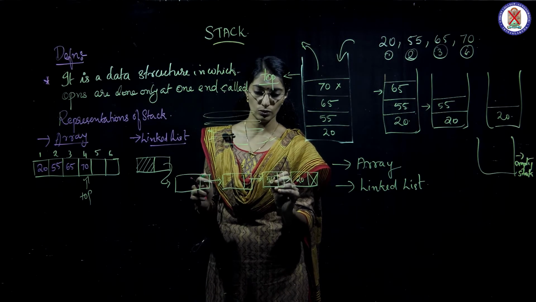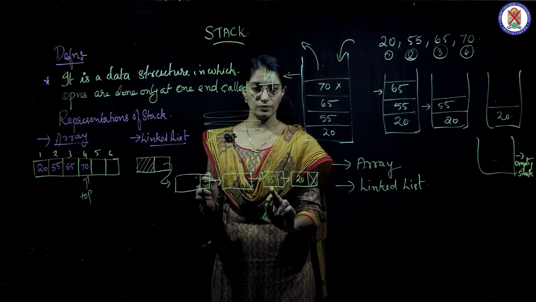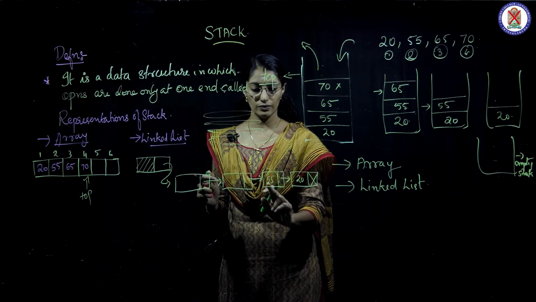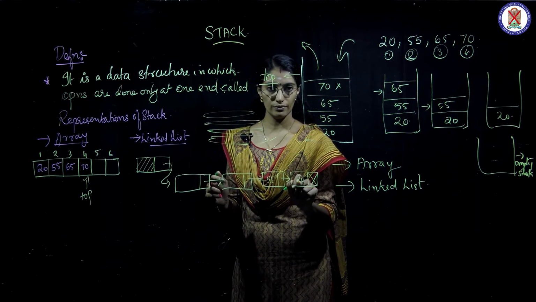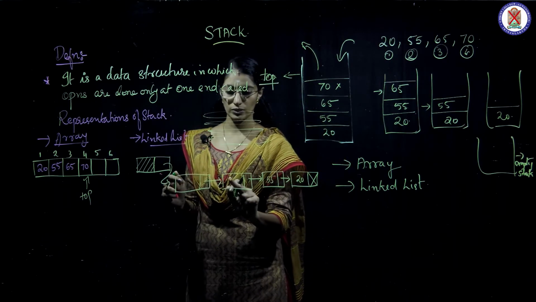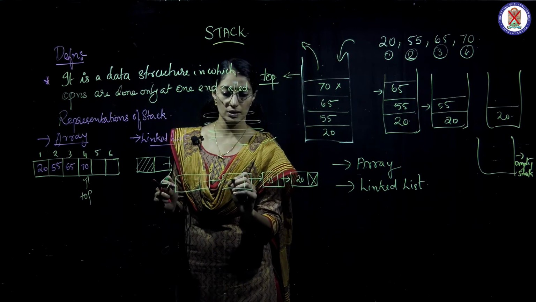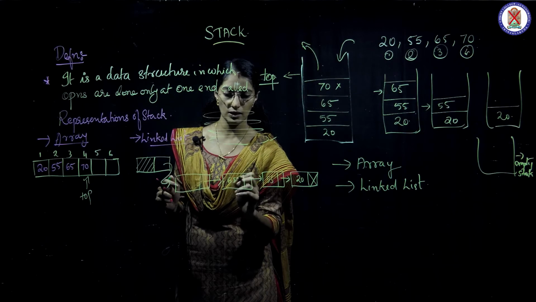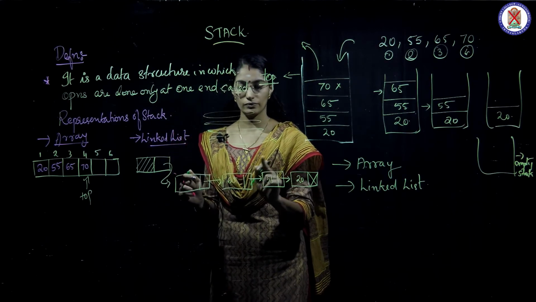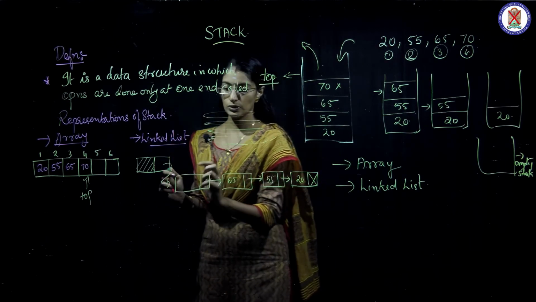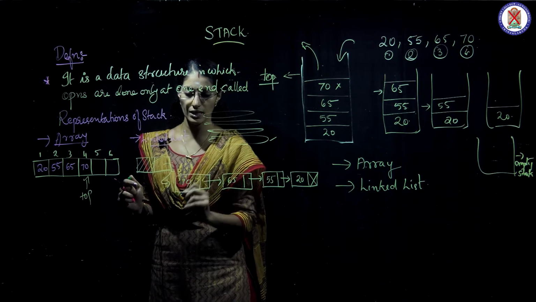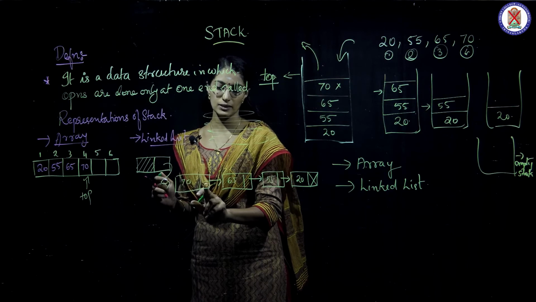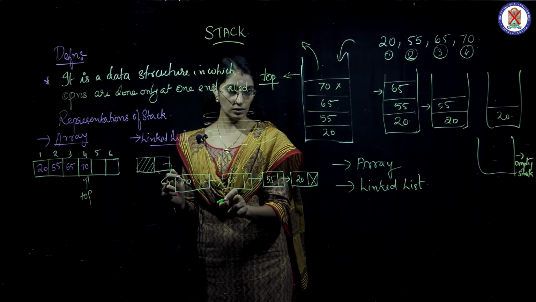I create a new node, put 55 in the data part, and the link part contains the address of the first node. Then for the third element, 65, I put it in the data part. The link part contains the address of the second node. Now I put the data for the fourth node, 70. The link part contains the address of the third node.